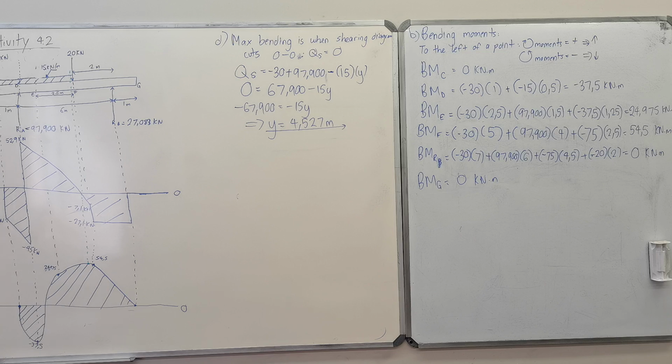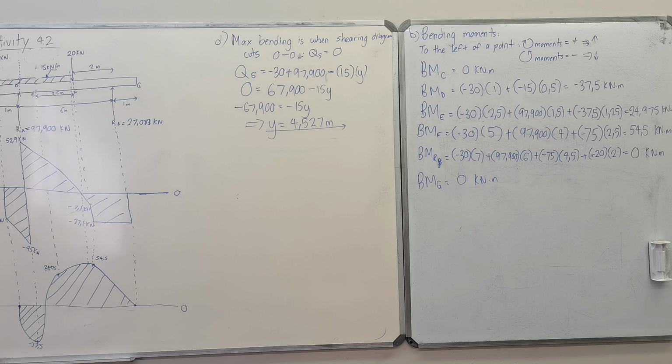Now that we know the position, everything to the left of this, we said, was 3 forces: your downwards force of 30 kilonewtons, your upwards force of 97, and your uniformly distributed load acting down at 4.527 meters. So to get that force acting down, what would be 15 times 4.527? And where would that force act?